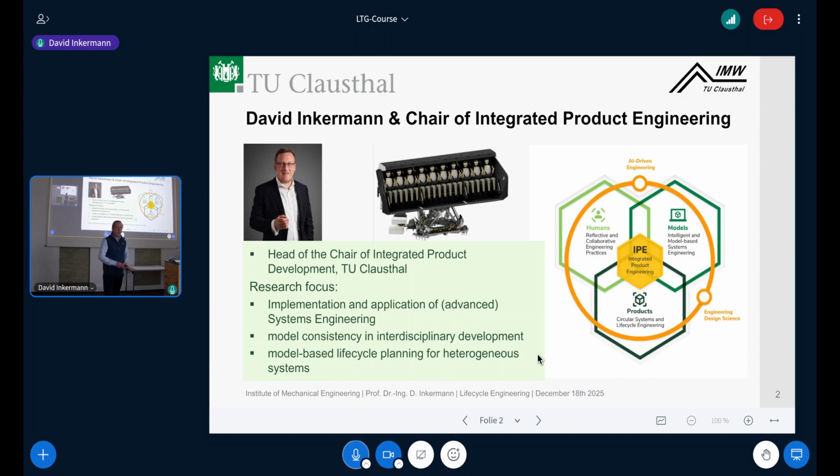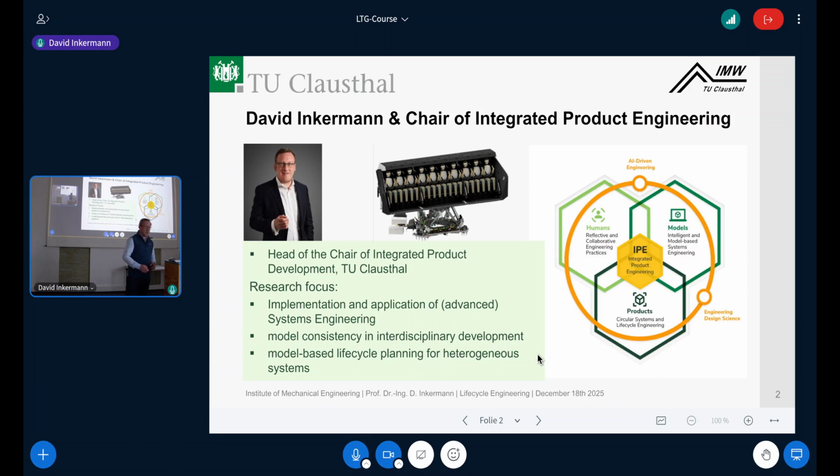On the one hand, we are investigating how humans can be supported, how humans behave in engineering practice, but also how we can describe products, like you see this fun right here. We have to evaluate the safety, for instance, and it's also about circularity, circular systems. In that case, it's more about how to plan life cycles, which is also the topic for today, and also how we can ensure that a product can run a specific life cycle, so designed for circularity, for instance.